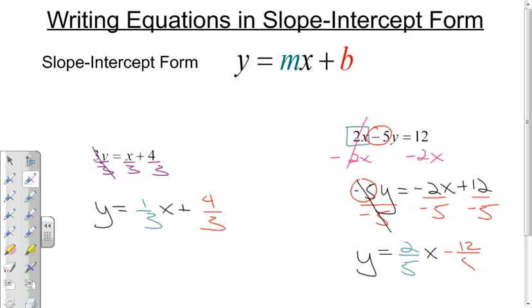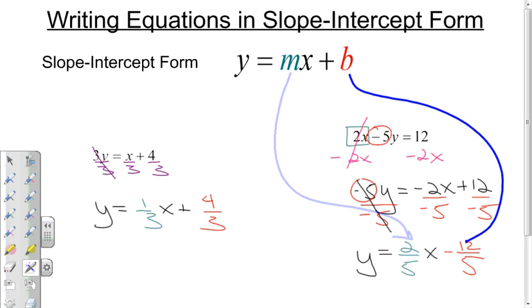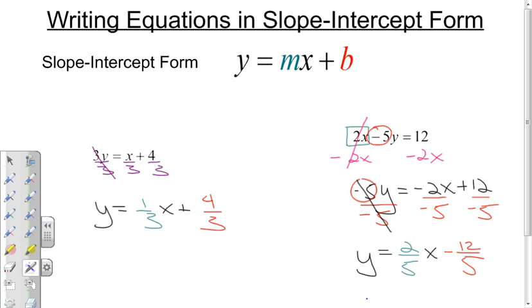And we have here the slope is 2/5, and the y-intercept is -12/5, and this final form is in fact y equals mx plus b. And again, that's plus a negative, which is totally fine.